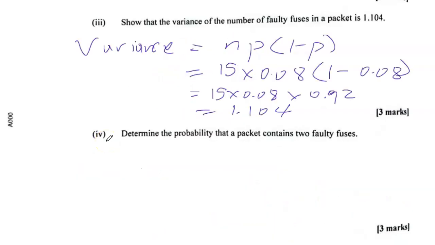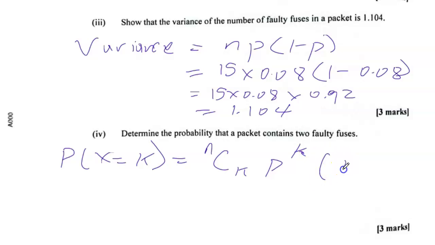Determine the probability that a packet contains two faulty fuses. So it's a binomial, so the probability X equals k is n choose k, p to the k, times 1 minus p to the power of n minus k. Substituting, remember each packet has 15, so n is 15, 15 choose 2.